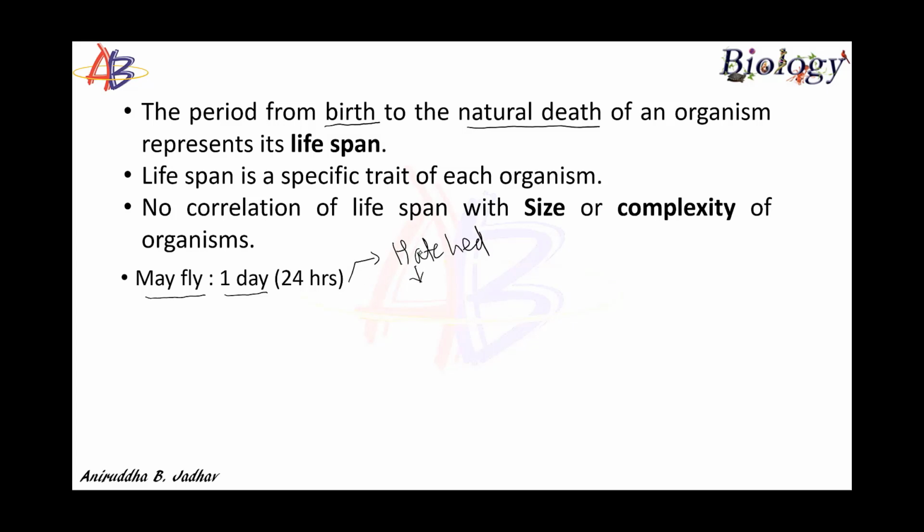After getting hatched, they enter into larval stages as it is an insect. After the larval stage, it will turn into a pupa, and this pupa ultimately turns into an adult.